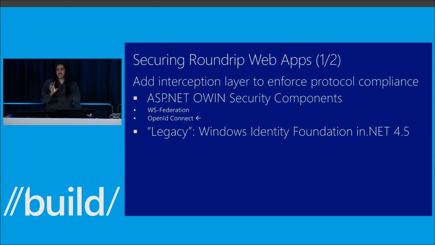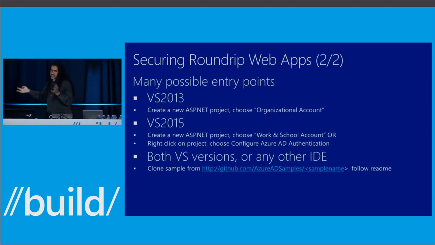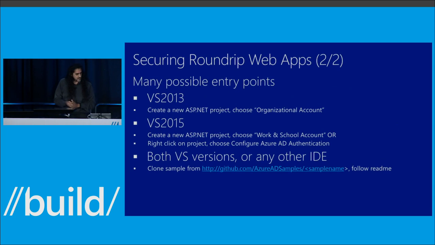But the recommendation is, if you can move to OWIN, all you need is to use .NET 4.5 onward. There are many ways in which you can take advantage of this. If you create a new project with Visual Studio 2013, you can create directly a project that supports authentication with AD, but it uses Windows Identity Foundation and WS-Fed.